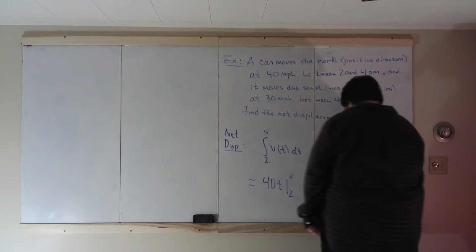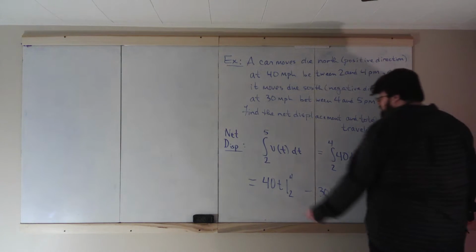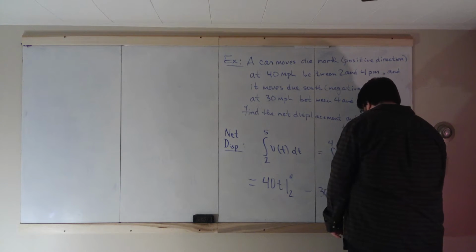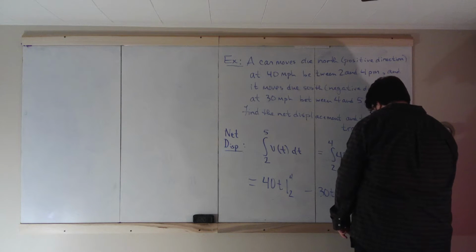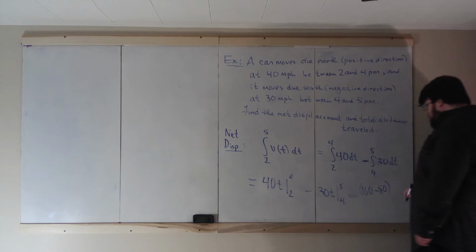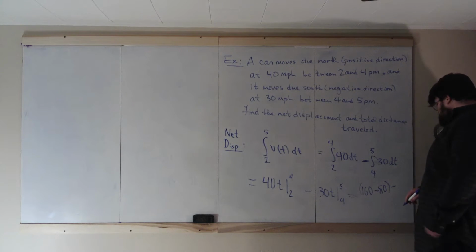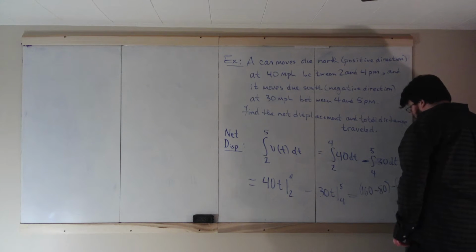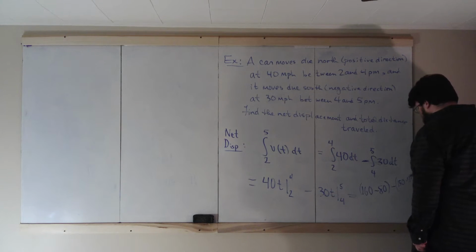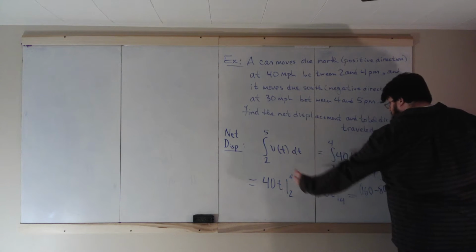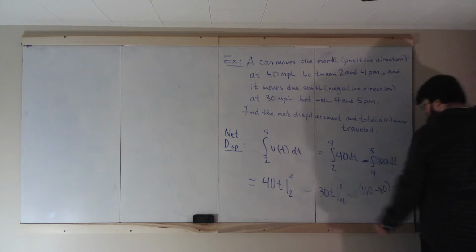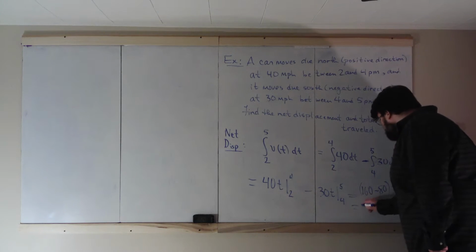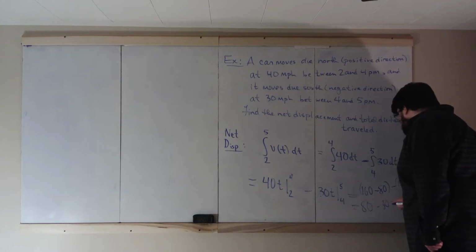And what do we get here? 40 times 4 is 160. 40 times 2 is 80. 30 times 5 is 150. 30 times 4 is 120. So we have 40 times 4 minus 40 times 2, minus 30 times 5 minus 30 times 4. And what do we get? We get 80 minus 30, which is 50.